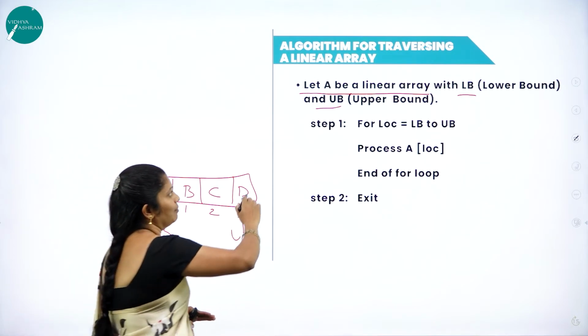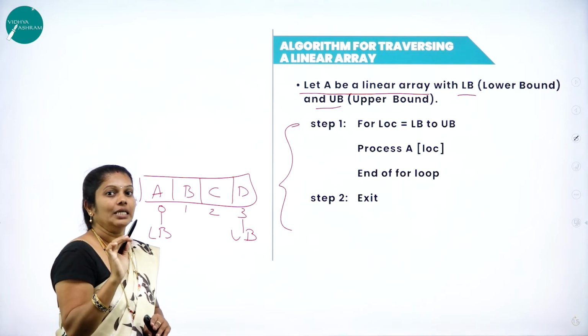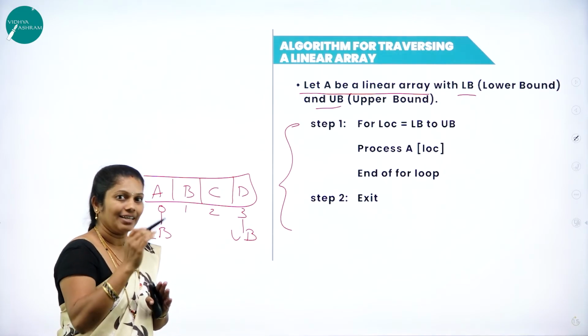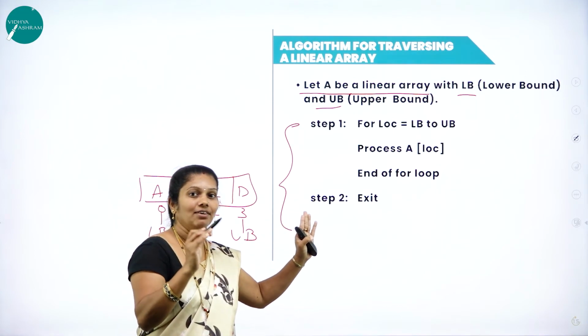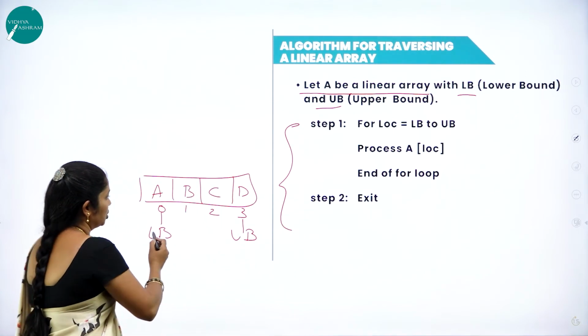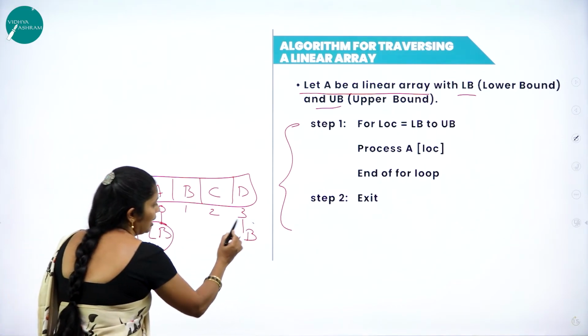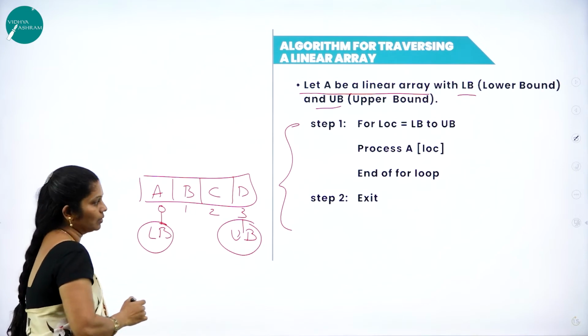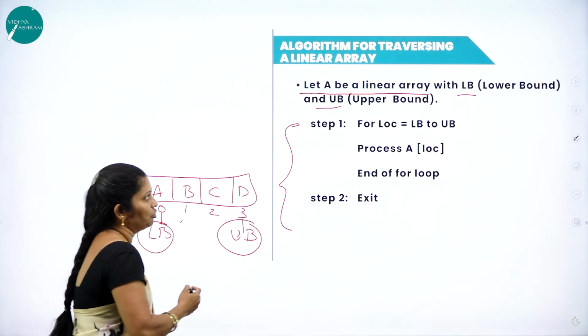Usually this algorithm you will get for 3 marks. Write an algorithm for a linear search, or write an algorithm, especially here, an algorithm for traversing. Here first you have to mention the process. We have to start from lower bound to upper bound: first one, second one, third one, fourth one. Like that you have to mention.